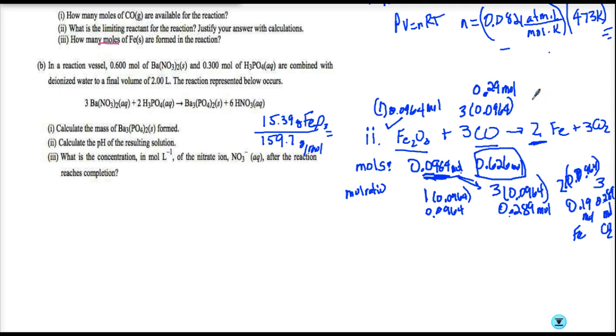And 2 times that same 0.0964 moles, I'm going to make 0.19 moles of iron. And because I already did this one, I know I'm going to get 0.29 moles of CO2. Now they can ask me whatever they want to ask me, I got the answers.